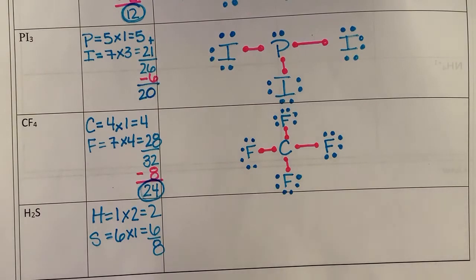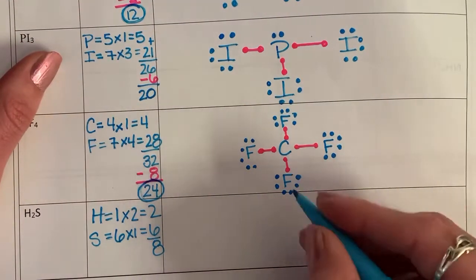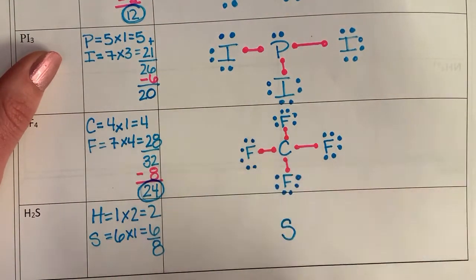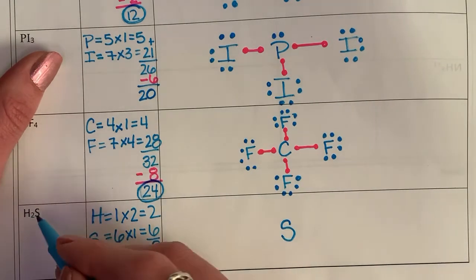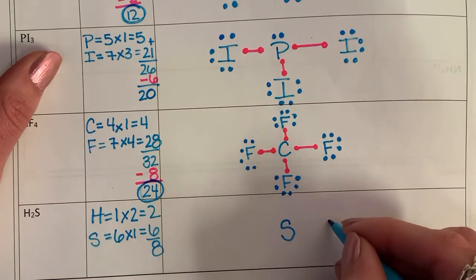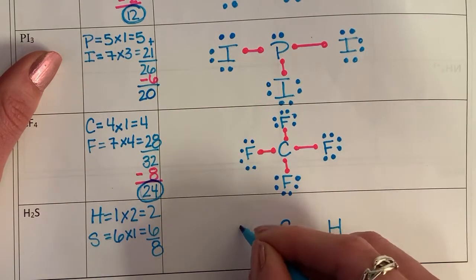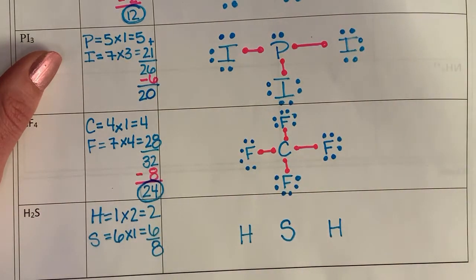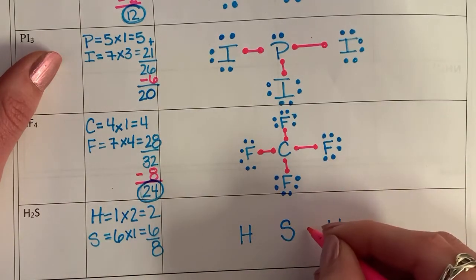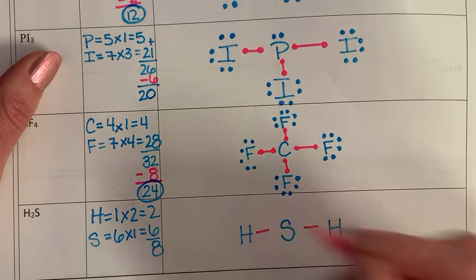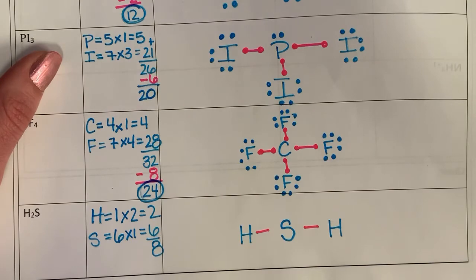Okay? Now, just like before, S is my central atom because there's only 1. There are 2 H's, so I put them on the outside and I connect them with single lines.